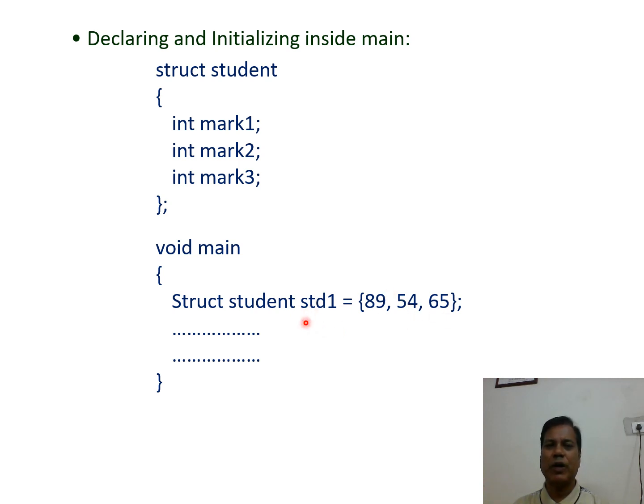That is, what is mark1 of student 1, comma, 52 is the mark2 of student 1, and 65 is the mark3 of student 1. So in this way, in the main function, using the struct keyword and structure definition, we can declare the structure variable and simultaneously assign their values.